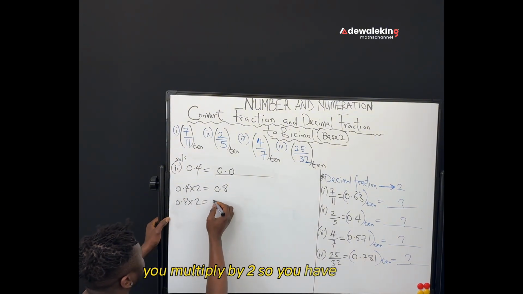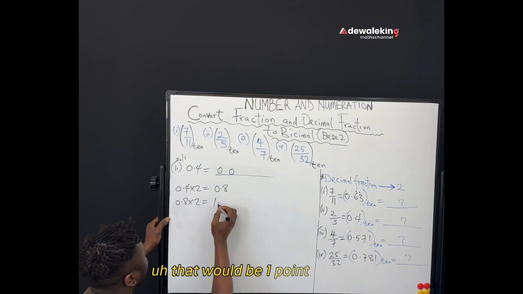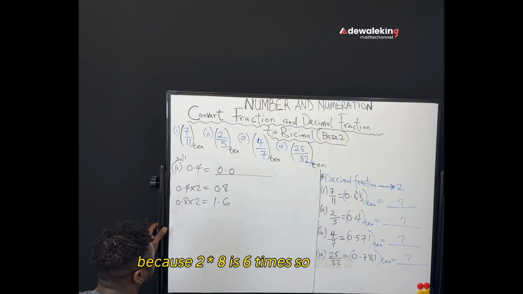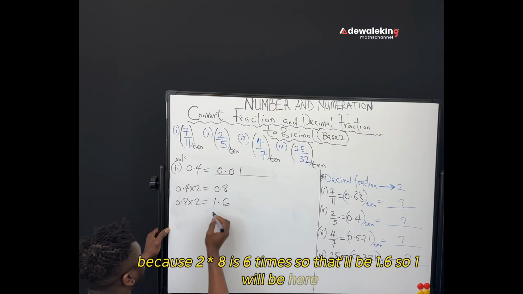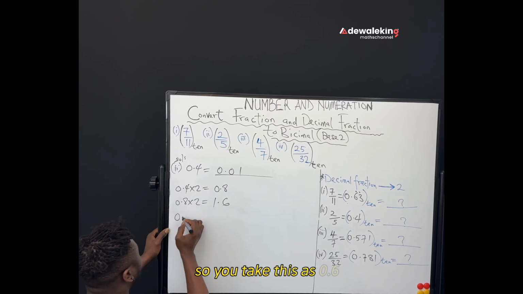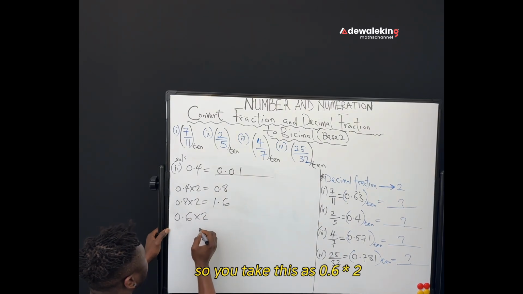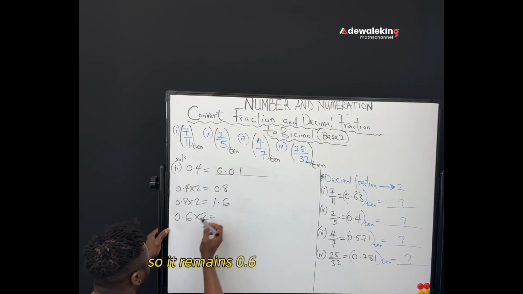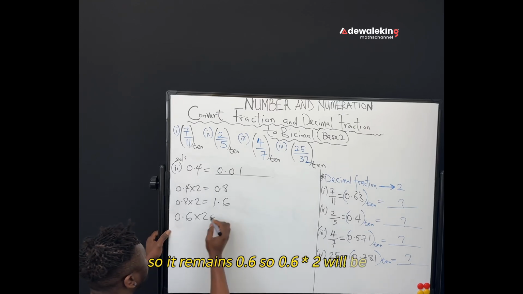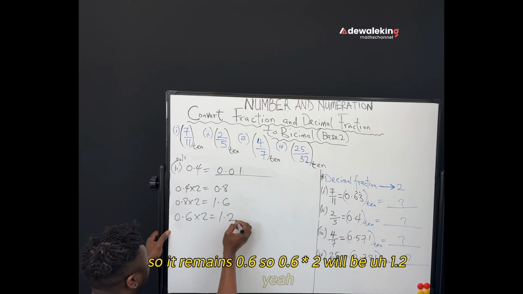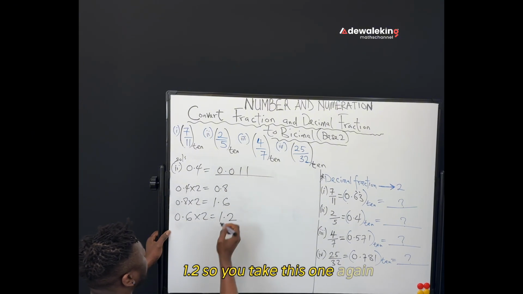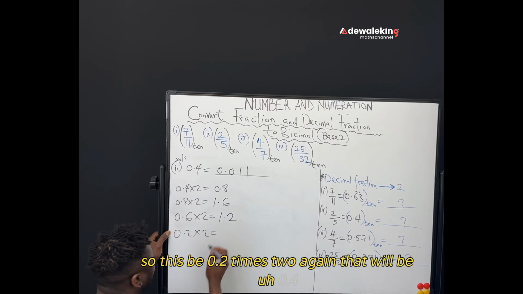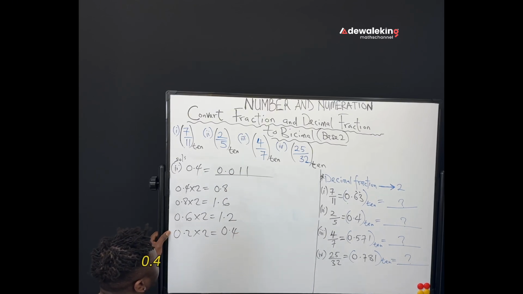That will be 1.6, because 2 times 8 is 16. So 1 will be here, and you take 0.6 times 2. Because we have written this 1, it remains 0.6. So 0.6 times 2 will be 1.2. So you take this 0.2 times 2 again.